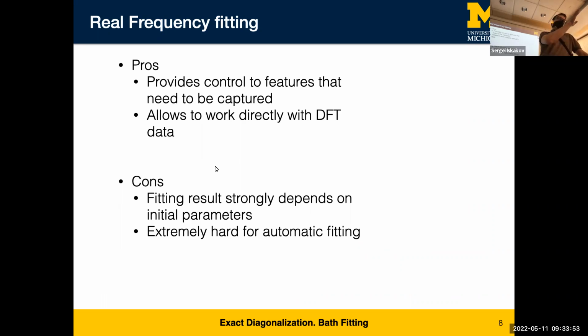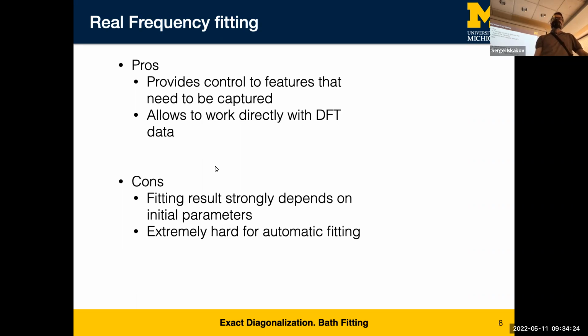It allows you to get a better fit because you actually see where the initial position of your peak is supposed to be, and if you work a lot, you can guess what the hybridization strength, this V_ik, should be to capture the height of the particular feature you need.